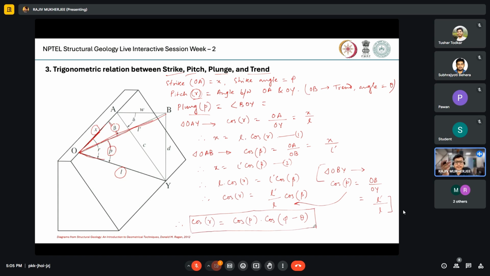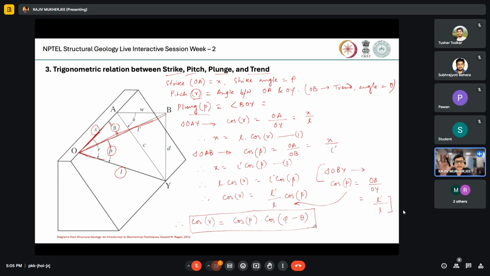theta. So this is the trigonometric relation between the strike, trend, pitch and plunge of a lineation. So this is the cosine law, and the previous one was the relation between the pitch, the trend, the strike and the dip, and the first one was the relation between plunge and the strike and the trend and the dip, and this is the pitch and the plunge and the strike and the trend.